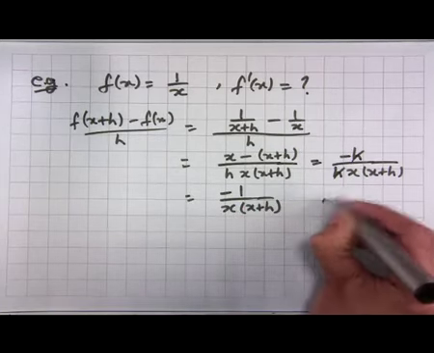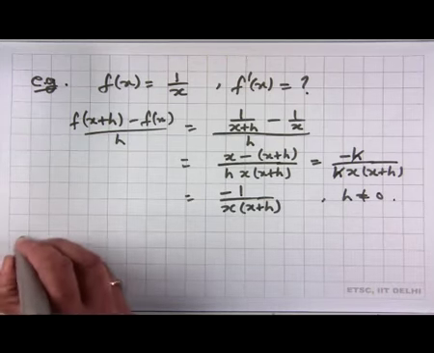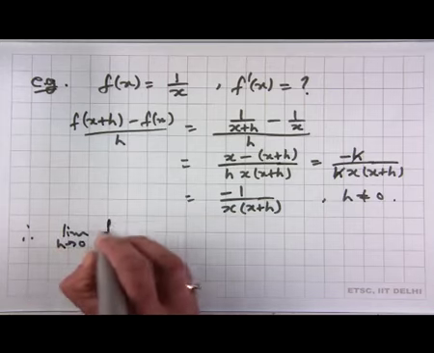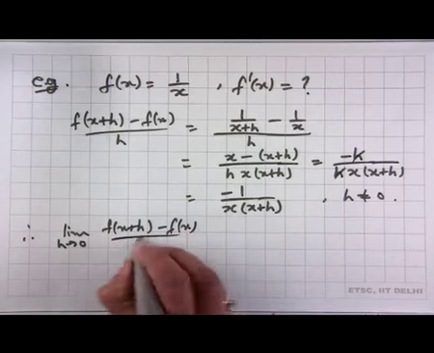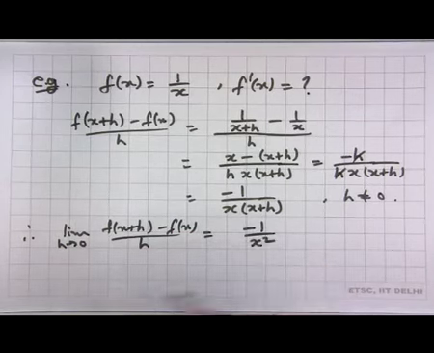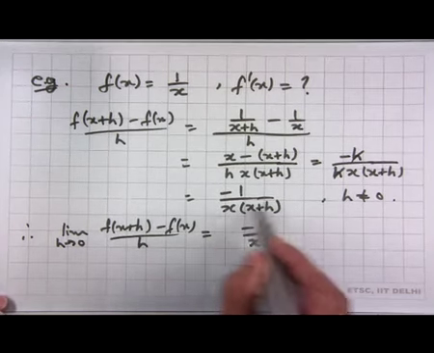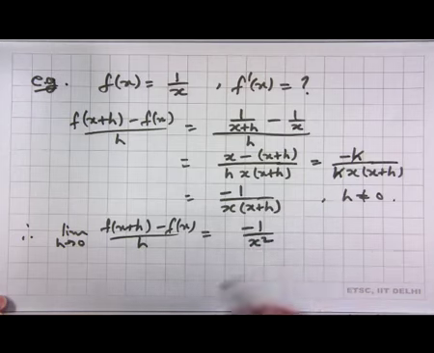This is true for any h non-zero, and therefore the limit as h goes to 0 of f of x plus h minus f of x by h is equal to minus 1 by x square, because in the denominator x plus h approaches x plus 0, so x times x gives x square.